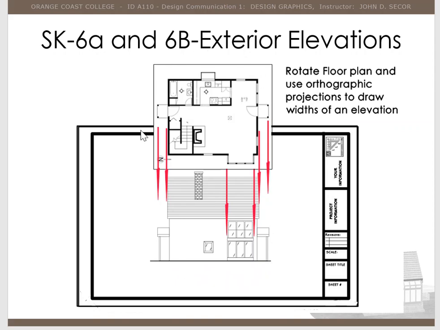You will place your little floor plan, the 1/4 inch floor plan that you designed a few weeks ago. This is the side view that we're going to be doing right here. So you can place it above your drawing and use orthographic projection to show all the architectural features.